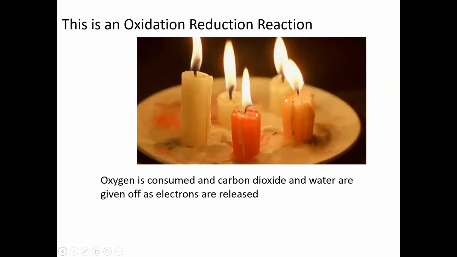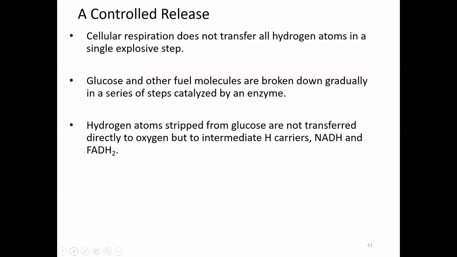If we released all the energy in those candles at once, they would flash and probably explode. It'd be very challenging for a birthday cake, because the candles would explode. That's what would happen if we didn't have a step-by-step process. So in our bodies, we have a gradual breakdown.